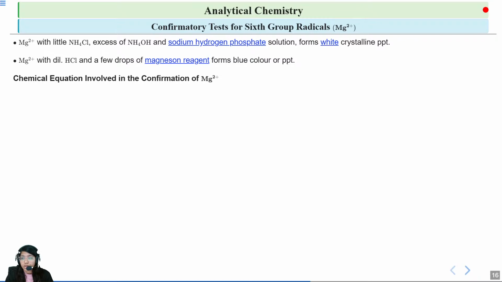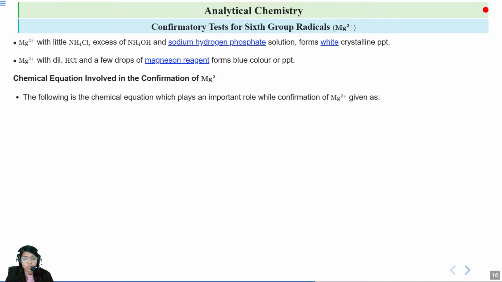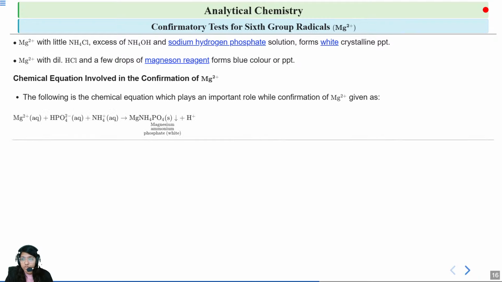Now let's see the chemical equations involved in the confirmation of Mg2+. The major reaction for the confirmation of magnesium ion is: magnesium ions react with hydrogen phosphate ion, that is HPO4 2-, and ammonium ions NH4+.